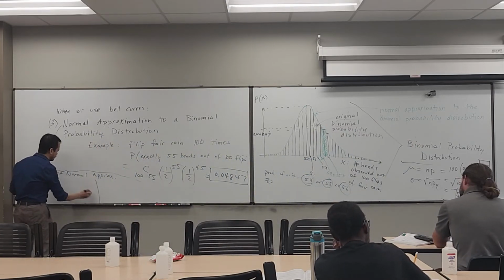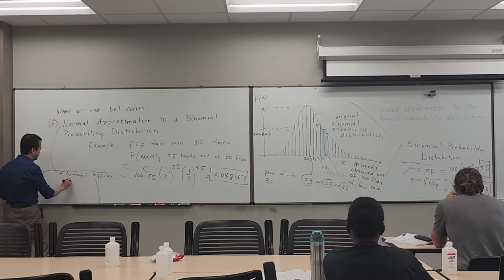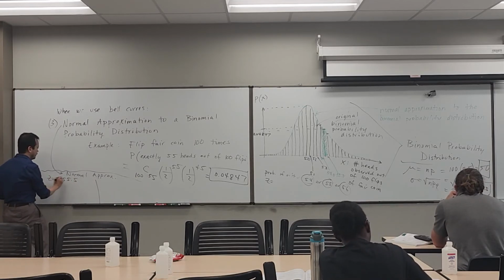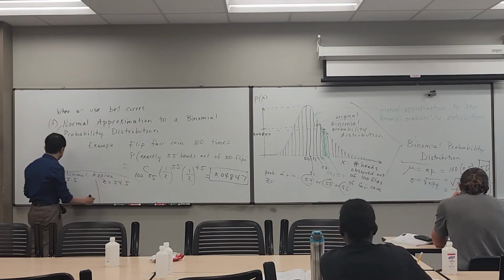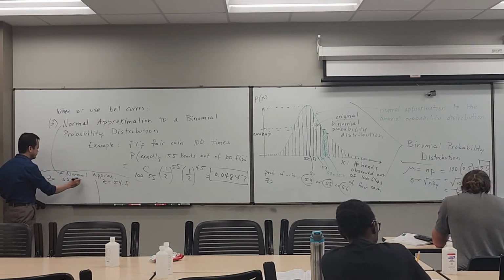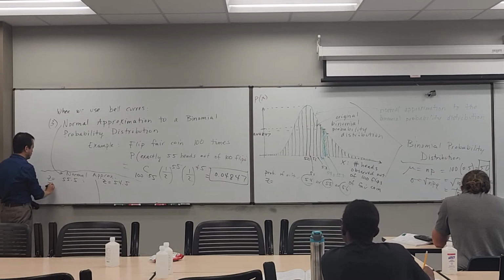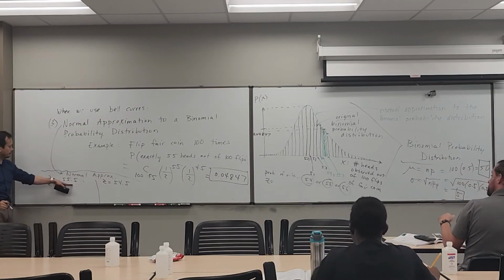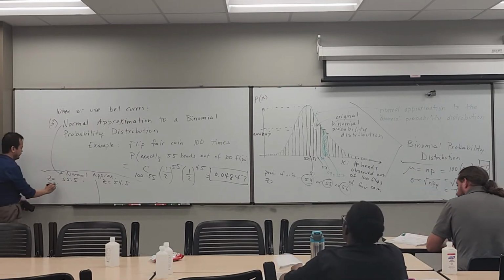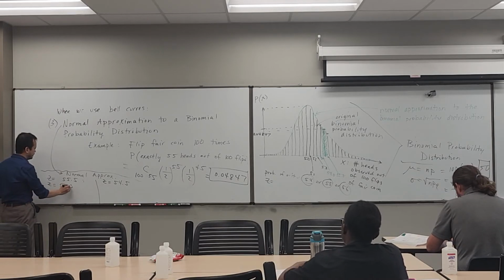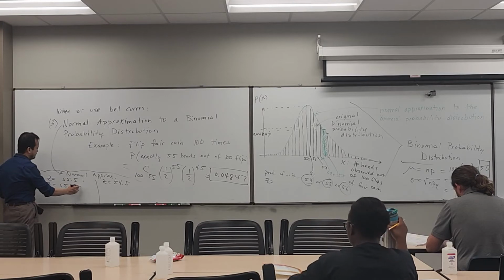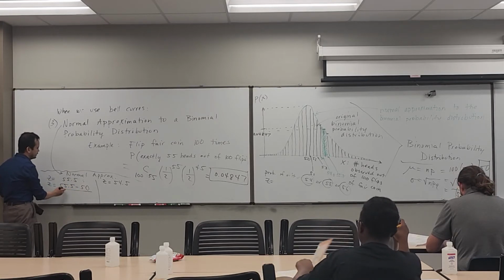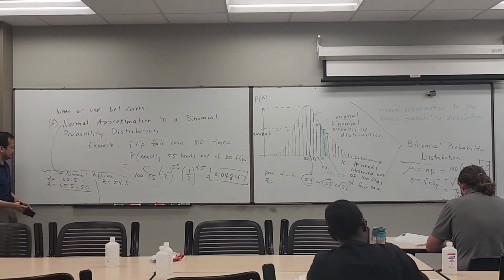So we're going to find two z-scores. One is 55.5 and one is 54.5. For 55.5, we're going to take the data point 55.5, subtract the mean, which is 50, and then divide by the standard deviation, which is 5.